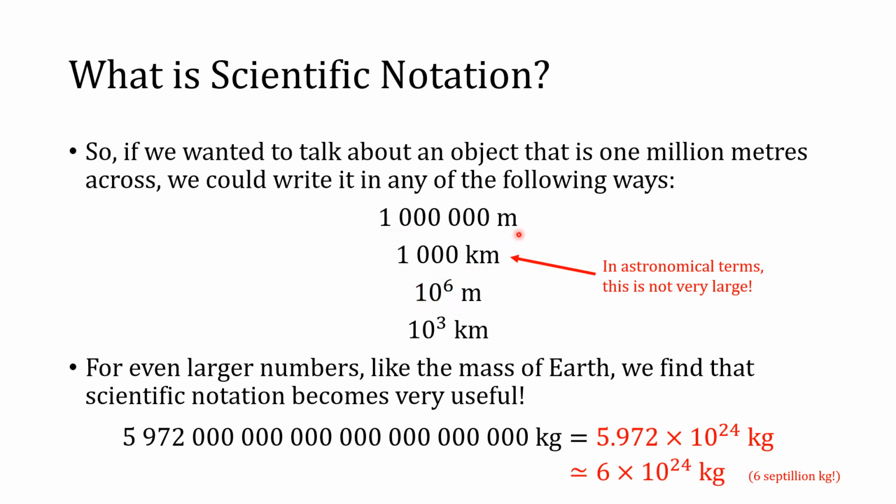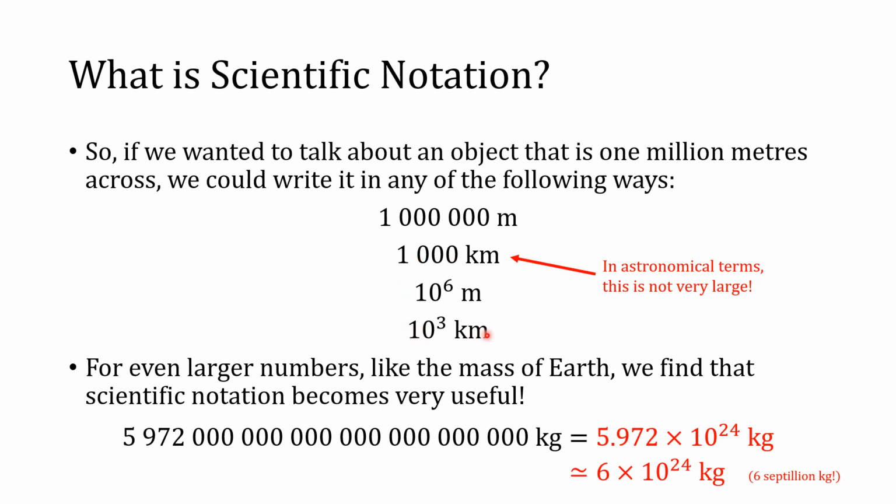When we write it out as 1 million meters, we've got a 1 followed by 1, 2, 3, 4, 5, 6 zeros. So I could write it as 10 to the 6 meters. Fantastic. And I could do the same thing with kilometers. I could start with this 1,000 kilometers, and 1,000 is not a very large number, but just for my exponent practice, it's a 1 followed by 1, 2, 3 zeros.